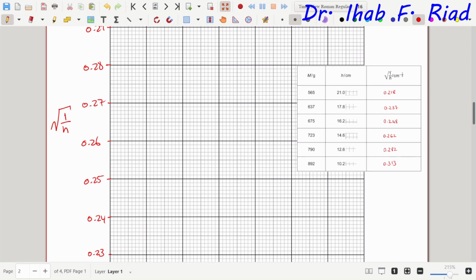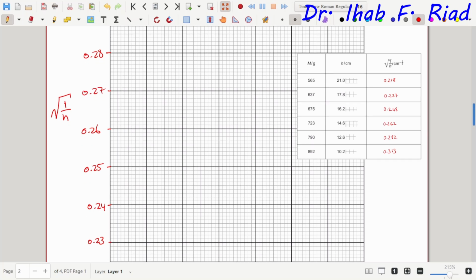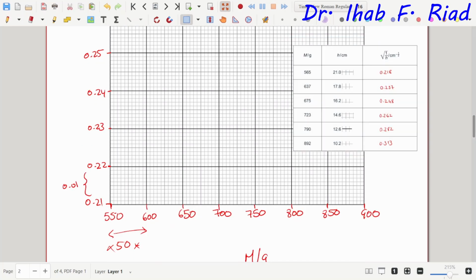So now let us start presenting our data, or representing the data on the graph plot. For the first data point, on the x-axis it is 565, on the y-axis it is 0.218. So let us start on the x-axis.